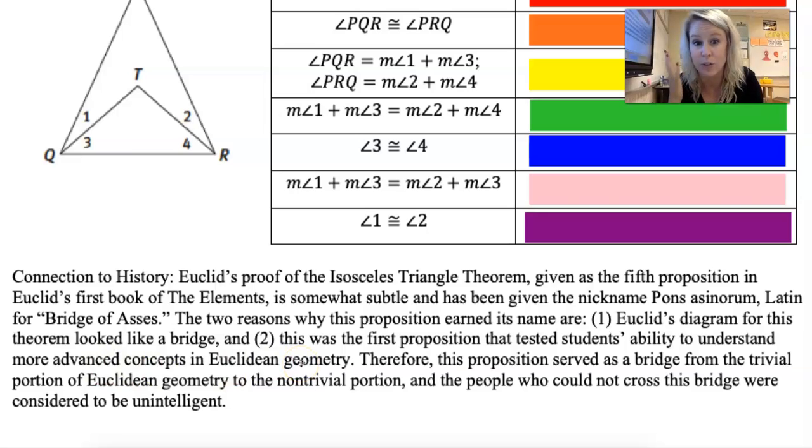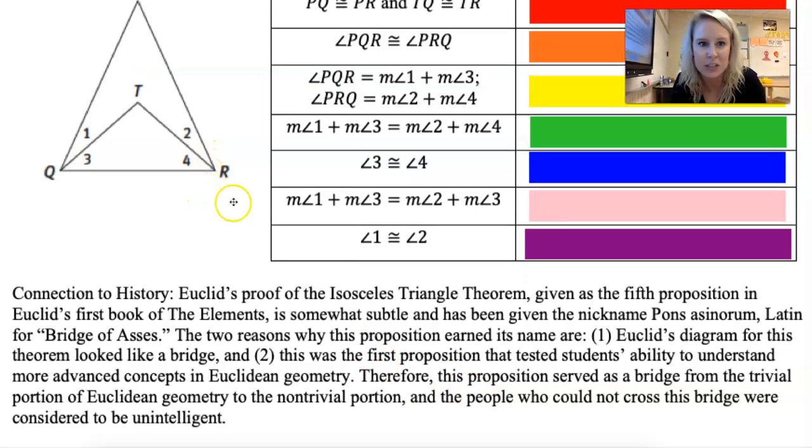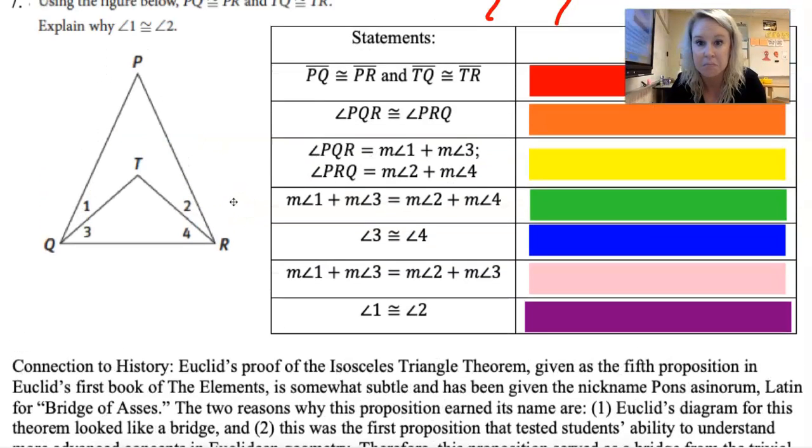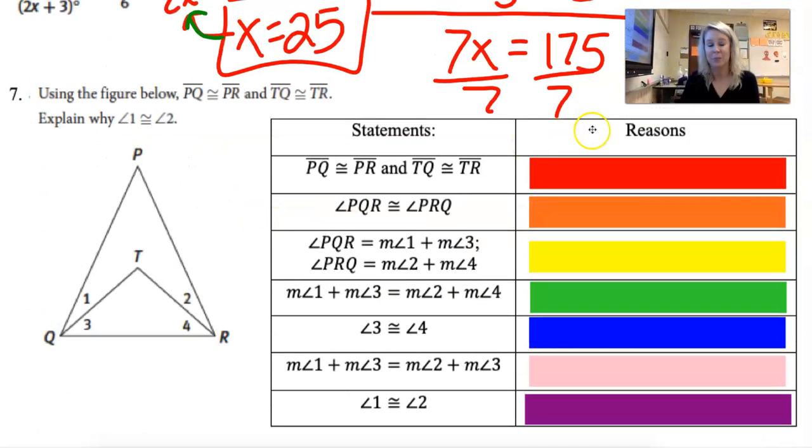Therefore, this proposition served as a bridge from the trivial portion of Euclidean geometry to the non-trivial portion, aka the people who could not cross this bridge were considered unintelligent. What? So if you didn't understand this proof back in the old days, you were considered unintelligent. Wow. Anyway, let's talk about it.